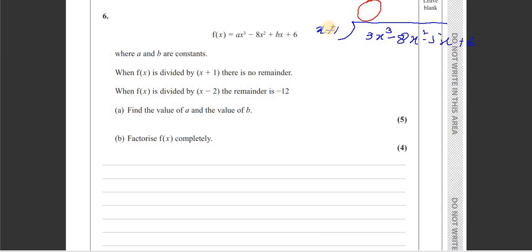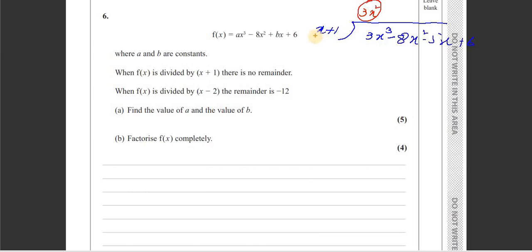When you multiply the variable with this x, you can get 3x cubed. Clearly it should be 3x squared. When 3x squared is multiplied with the x, you can get 3x cubed, and then you need to multiply 3x squared with all the terms in the divisor.